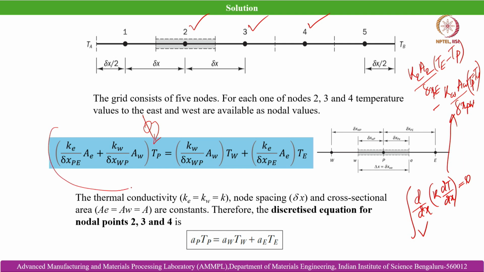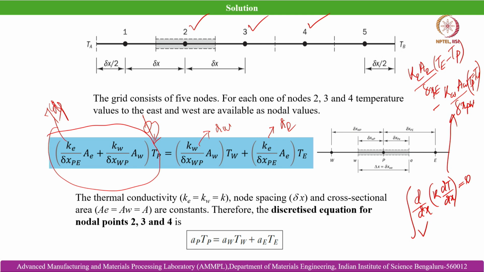This term becomes a_P, the coefficient, this one becomes a_W, and this one becomes a_E. Accordingly, the equation reduces to a_P T_P equals a_W T_W plus a_E T_E.